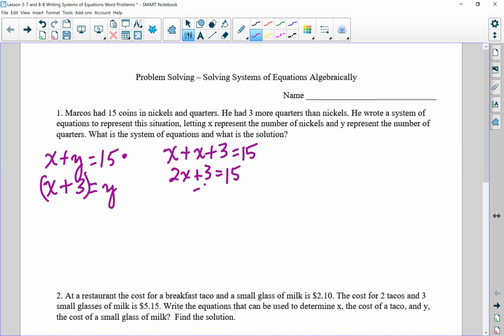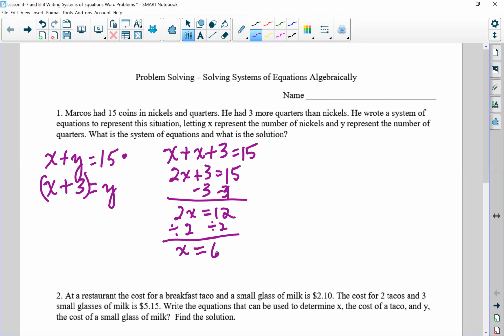We subtract 3 from both sides. We get 2x equals 12. Then to find x, we divide by 2 on both sides, and we end up with x equals 6. So that's telling us that there are 6 nickels.